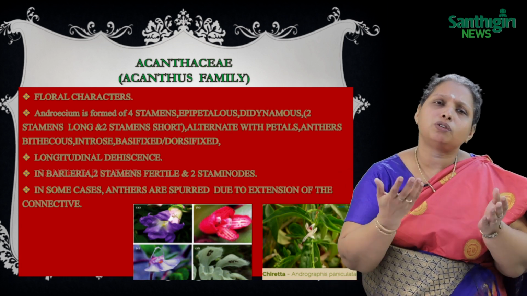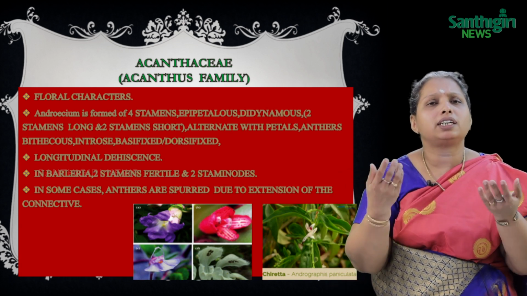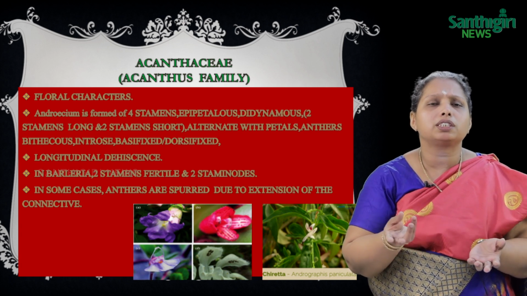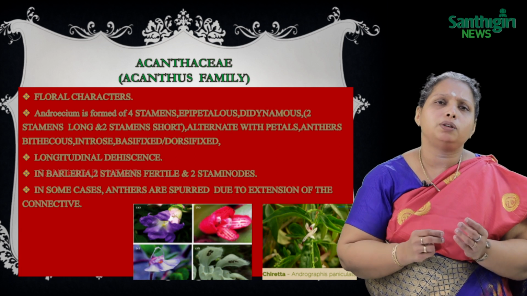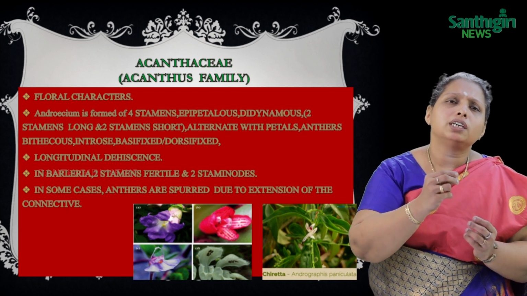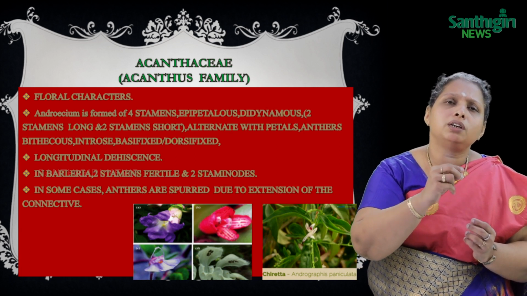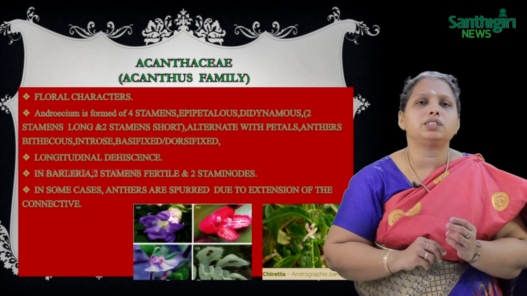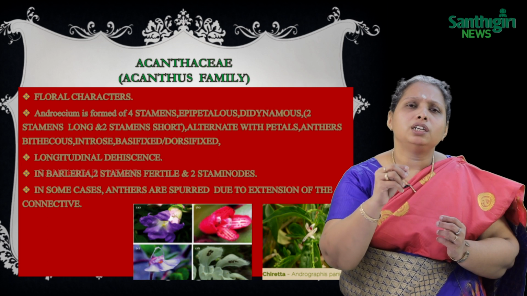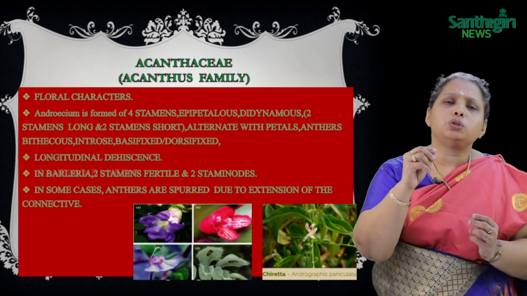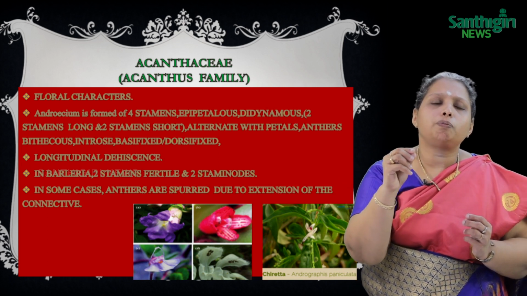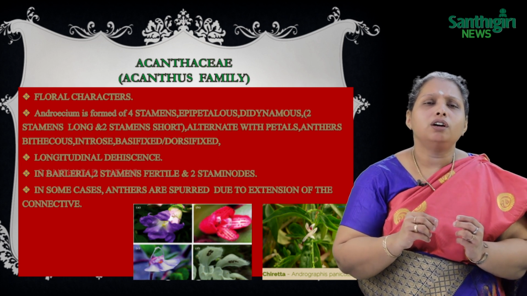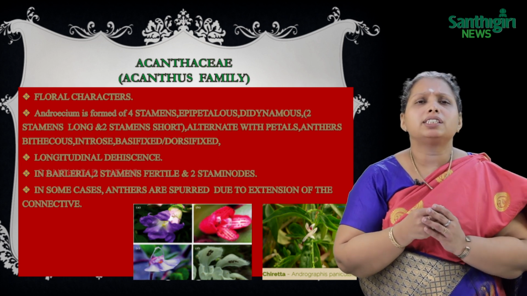In some cases 4 stamens with didynamous, in other conditions only 2 stamens are present and 2 stamens are staminodes. Then in some cases 2 stamens are absent, only 2 stamens. For example, in Adathoda only 2 stamens are present. In that case you should write it as 2 plus 0 or 0 plus 2 in andrecium when you write the floral formula.